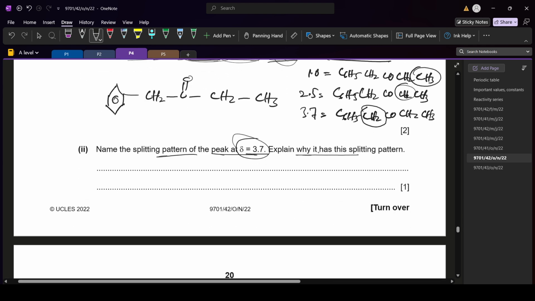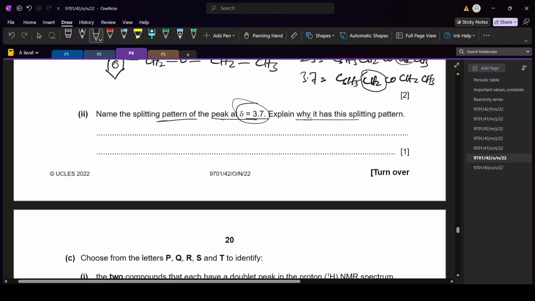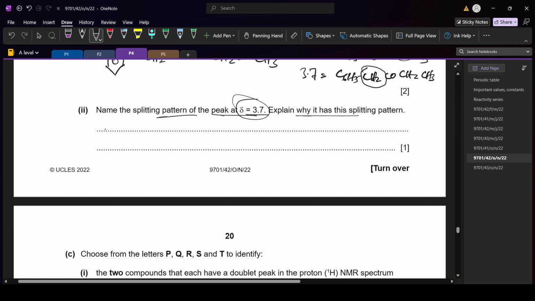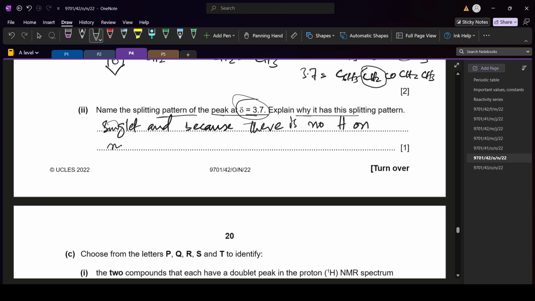Explain why it has this splitting pattern: because there is no hydrogen on the neighboring carbon.